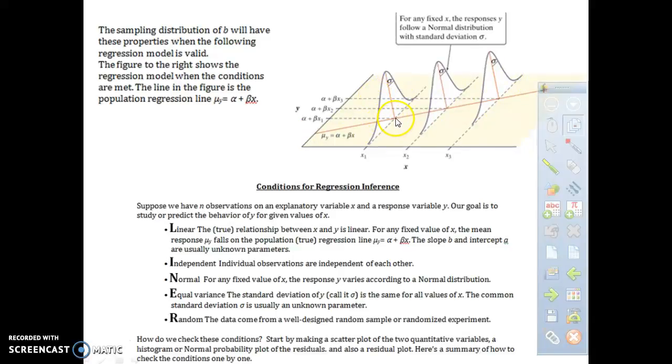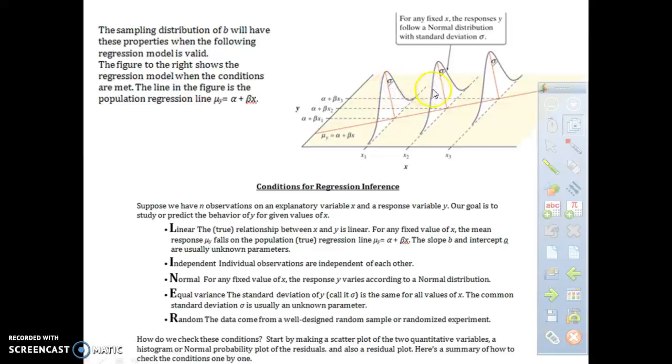Basically, that's just saying that we need to make sure we have a linear relationship between x and y. The next thing is, you can see the bell-shaped curve here, the symmetry, unimodal. It is basically normal. So what this is saying is for every single x, we need to make sure our y's vary in a normal fashion. The other thing is, you can notice here sigma, this stands for standard deviation.